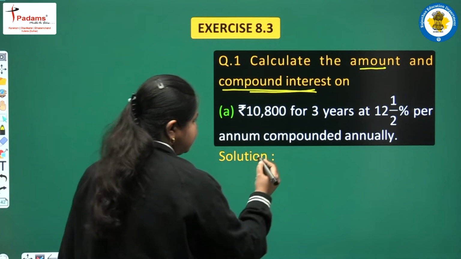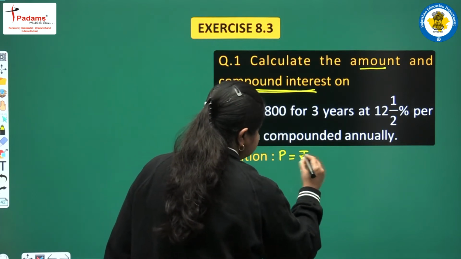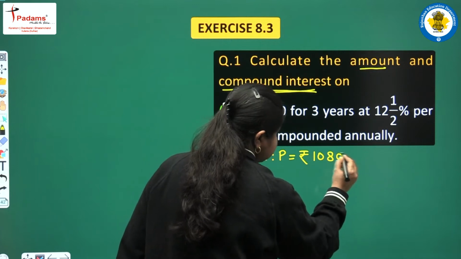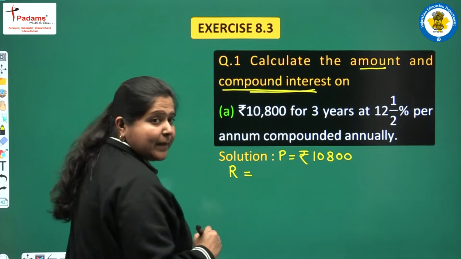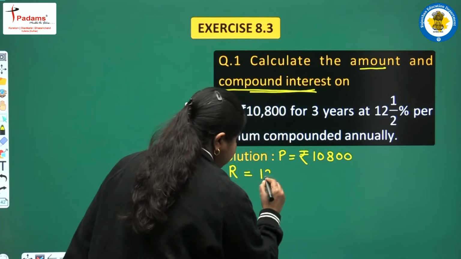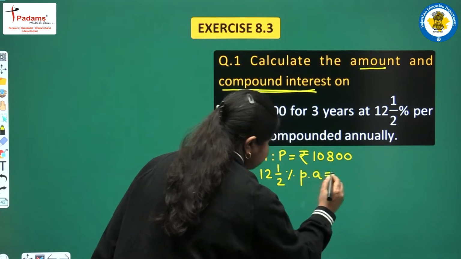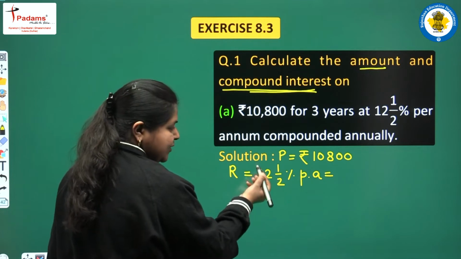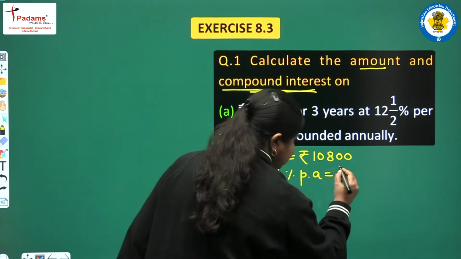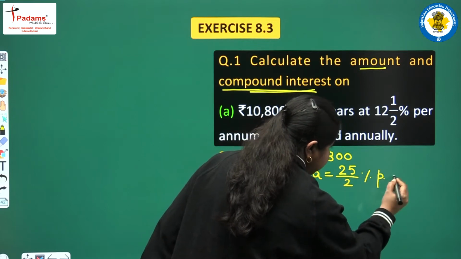So first we write whatever has been given. Principal has been given equal to rupees 10,800. Then we have been given the rate of interest denoted by capital R. It's 12.5% per annum. Per annum means for the full year, and here we can simplify it. 12 2s are 24 plus 1, it will be 25 upon 2% per annum.